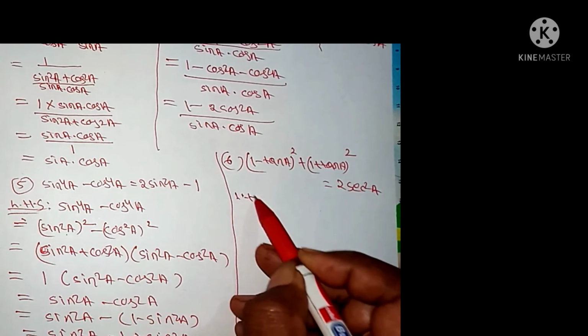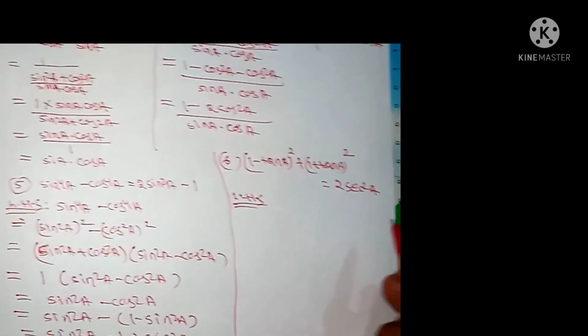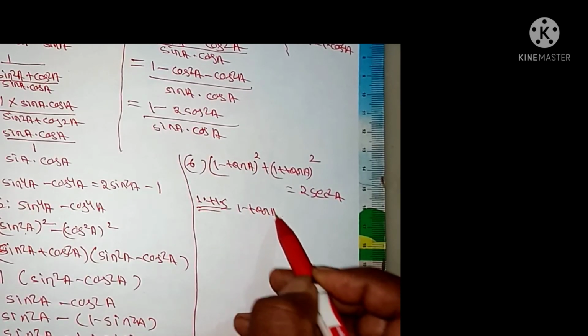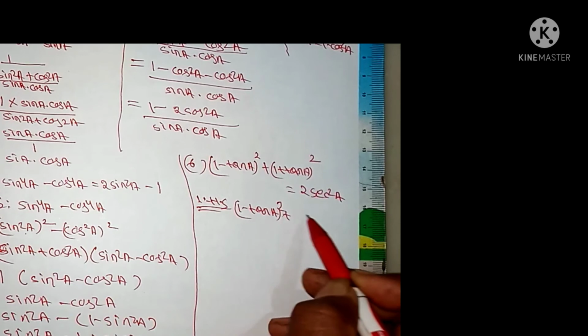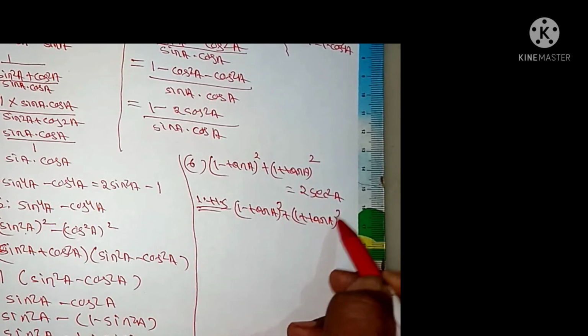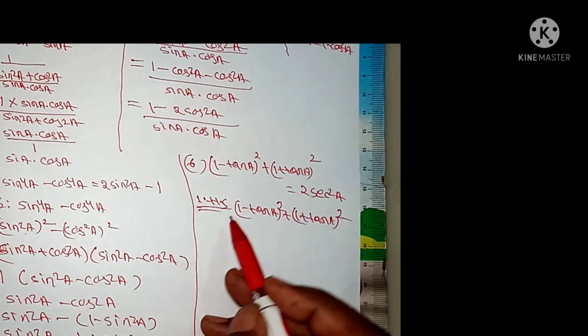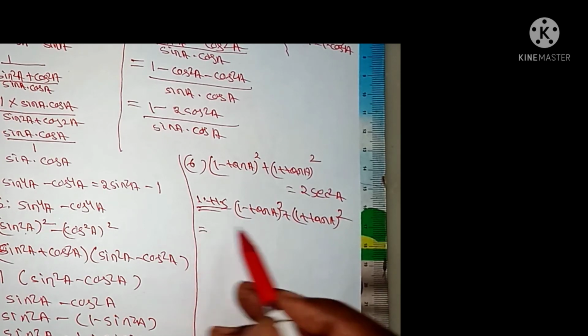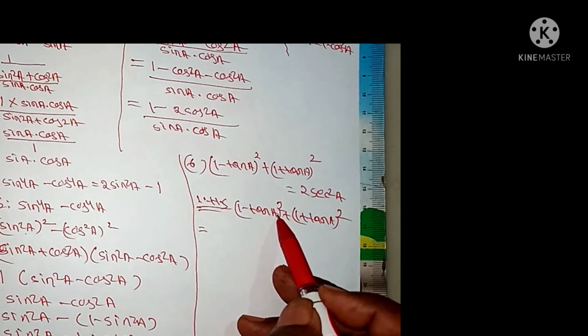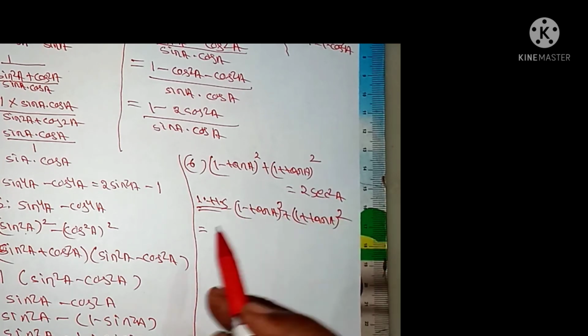Take LHS, which is equal to 1 minus tan a whole square plus 1 plus tan a whole square. Use a minus b whole square here, then a plus b whole square here.